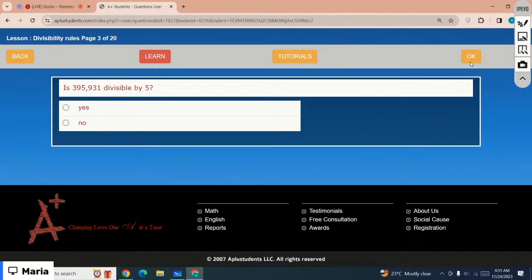The next one is, is 395,931 divisible by 5? Yes or no? The divisibility rule for 5 is the last digit must be 0 or 5.